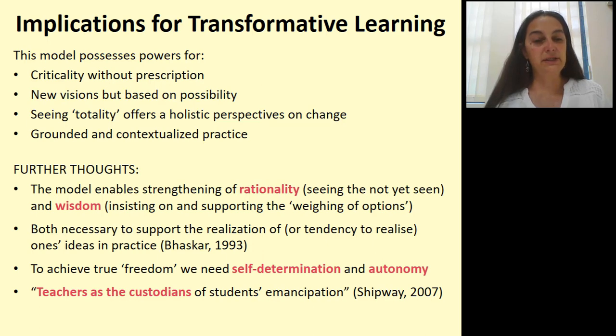It also offers us possibilities for strengthening wisdom, because it insists on and it also supports the weighing of different options in our decision-making processes. Both of these are necessary to support the realization of, or the tendency to realize, one's ideas in practice, according to Bhaskar. But Bhaskar also tells us that to achieve true freedom, we need self-determination and autonomy.